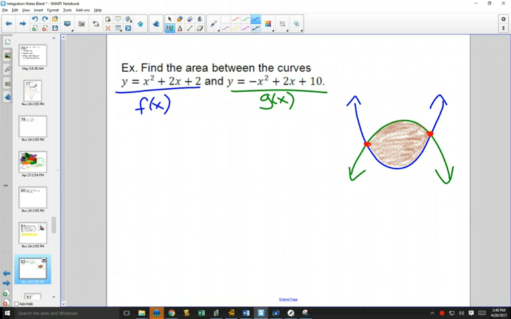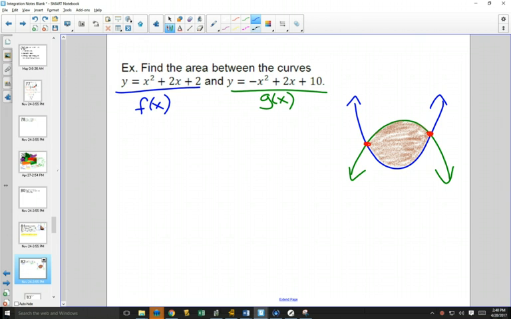One of the things your sketch is going to tell you is which is the function that's above the other function. And since the green parabola is going down and the blue parabola is going up, if they do intersect, it has to make sense that the green one's going to be on top.